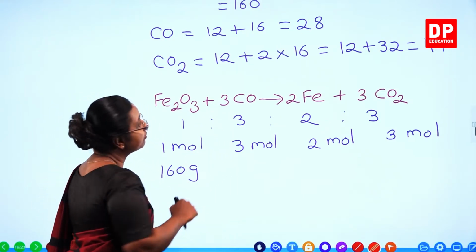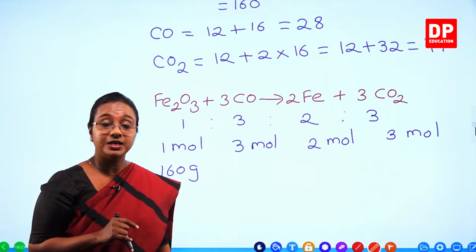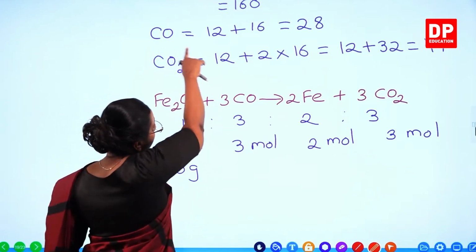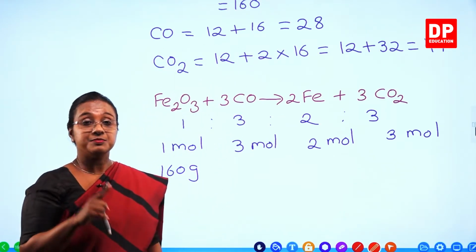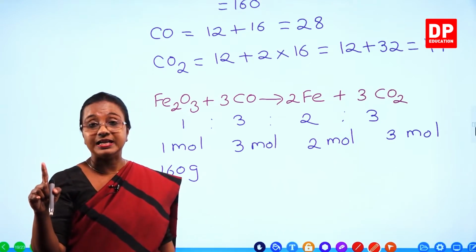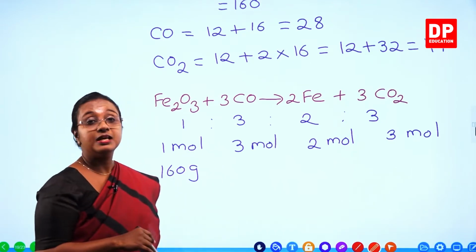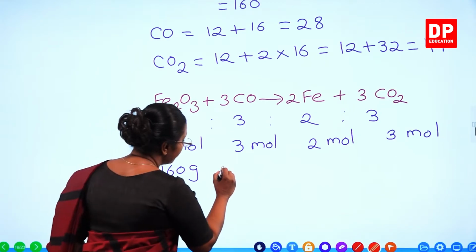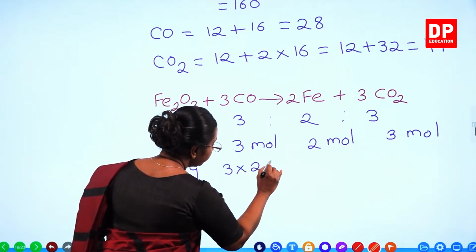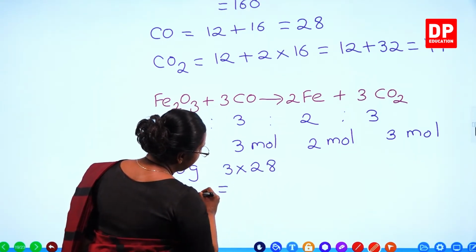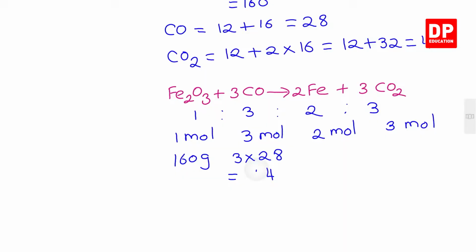How many moles of carbon monoxide do you need? Carbon monoxide is 28 grams for 1 mole. We need 3 moles, so that is 3 into 28, which is 84 grams of carbon monoxide.